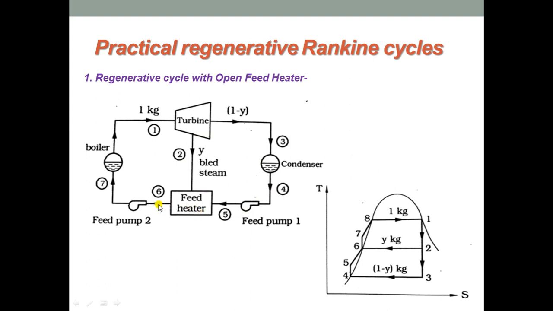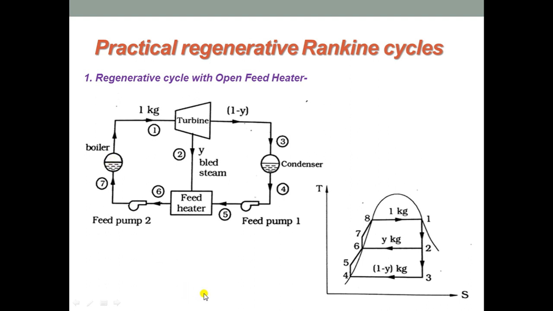and the resulting 1 kg of mixture leaves the heater through feed pump 2 to the boiler, which is at condition 6. Condition 6 is the exit point of the mixture of Y kg and 1 minus Y kg mixed inside the feed water heater, and it goes through feed pump 2 and reaches condition 7 before entering the boiler.